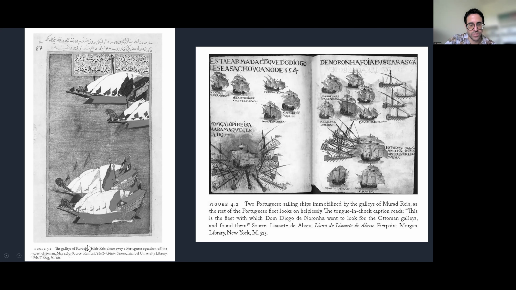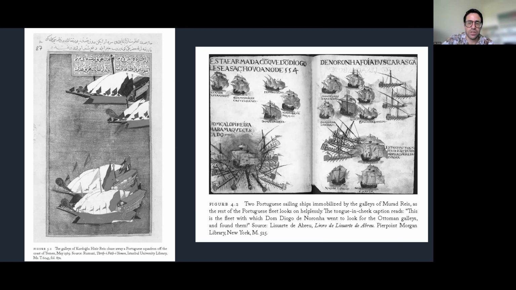So here we have the Admiral Kurdoglu Hizir Reis chasing off a Portuguese squadron. Here, the Portuguese ships are fighting the Ottomans. If you notice, the Ottomans are usually in these galleys versus the Portuguese, which are on, I don't know what you call them, caravels, basically ships running with wind power.